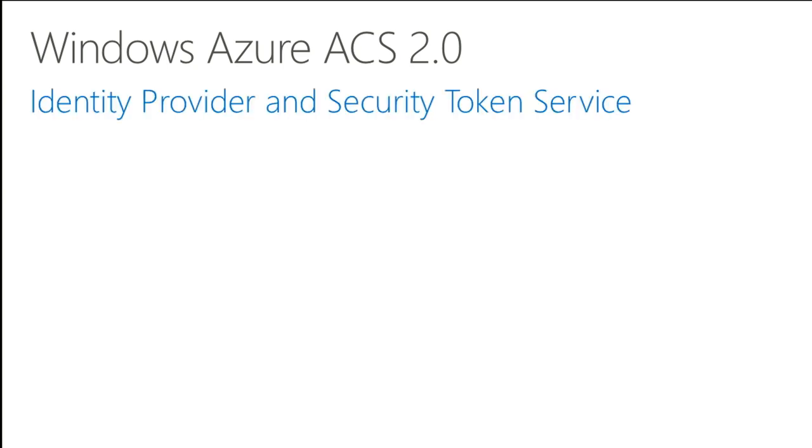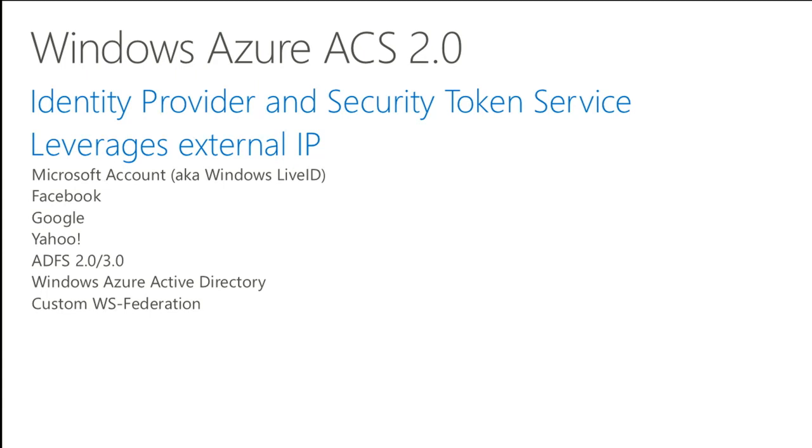So first of all, let me introduce Windows Azure ACS, because maybe you don't know what it is, and it's OK if you don't know it. You are here just for this purpose. Windows Azure ACS 2.0, the latest version we have, is an identity provider and a security token service. That means a service that can provide security tokens, digital identities based on claims.